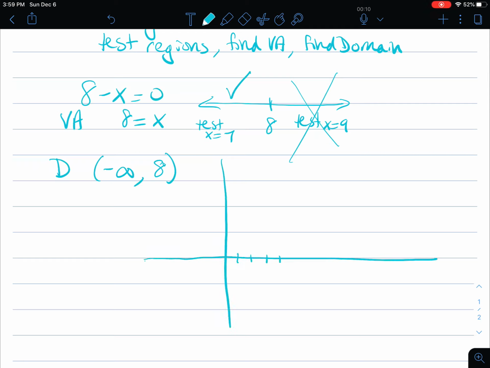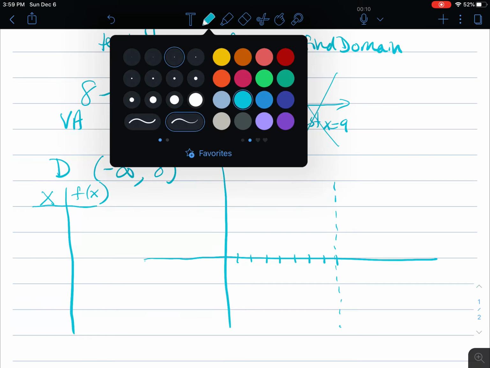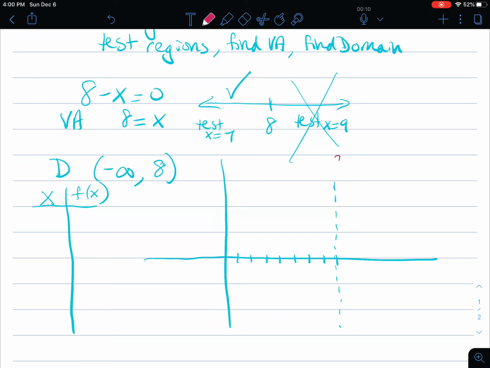So 1, 2, 3, 4, 5, 6, 7, 8. We're going to show that vertical asymptote, and we're going to show a table of values. The equation again is f of x equals the log of 8 take away x, minus 1.